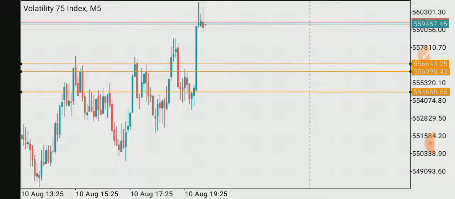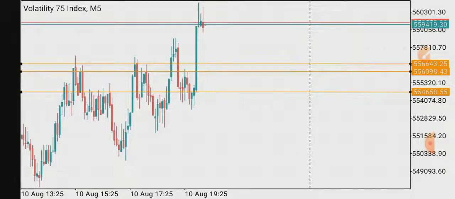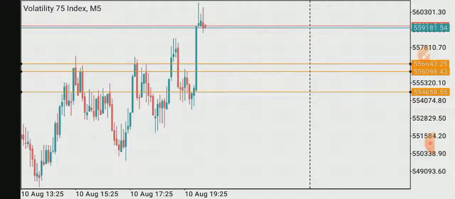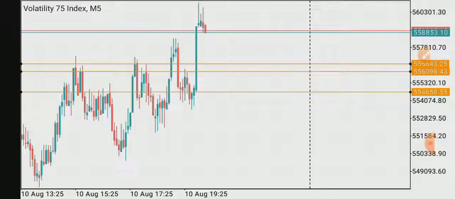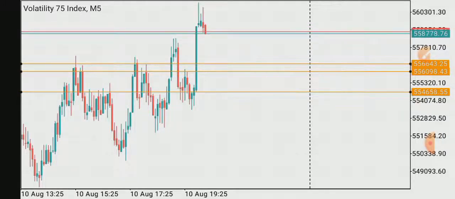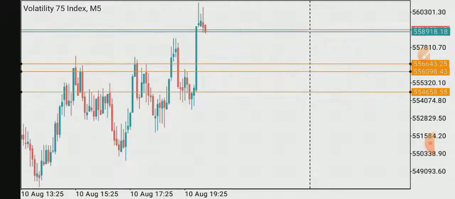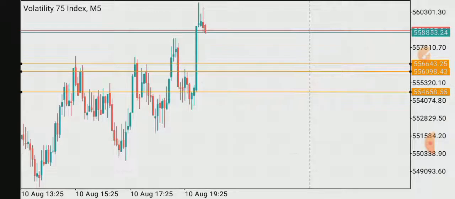Now if you look carefully, you will discover that the candlestick reacts to these lines. These three lines here, it reacts to this line. So once the candlestick comes to that line, you wait for a sign that will show you the resistance or the support is going to hold.